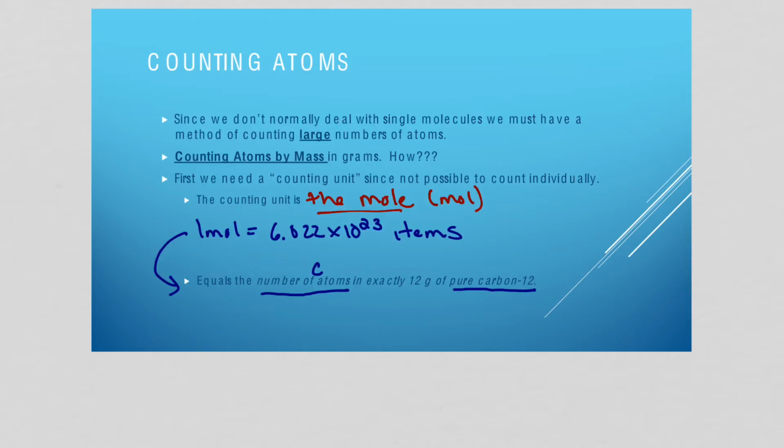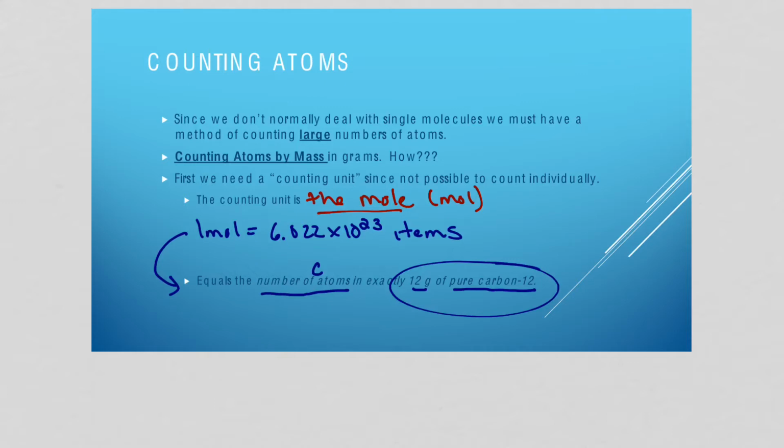So remember our isotopic notation. If I have exactly 12 grams of carbon-12 isotope, it contains exactly 6.022 times 10 to the 23rd carbon atoms. And this is where this unit comes from. So everything is based around carbon-12.